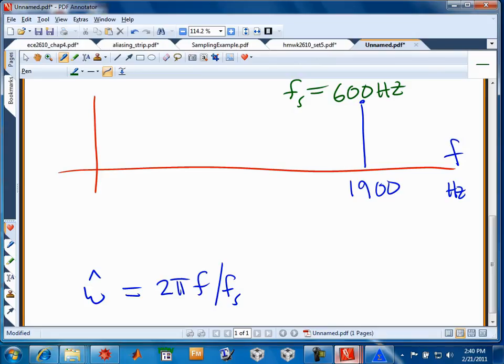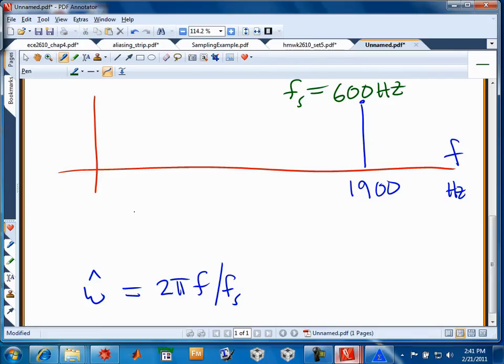First question might be, what's the principal alias of 1900 hertz relative to the 600 hertz sampling rate? This is kind of a challenging problem because you have to think about this accordion and how it's all going to fold up. So you got to think in terms of math.